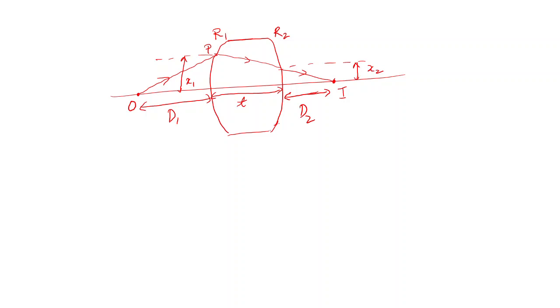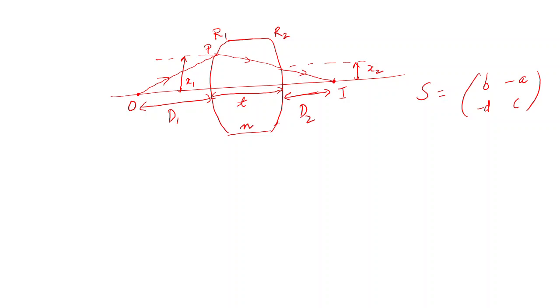Okay, and then let's say the refractive index inside is n, right? And then we are going to derive the system matrix. The system matrix, we are going to write it in a form like this: B, minus A, minus D C. We'll derive what that is, right? But it is very straightforward to derive the system matrix here, right?